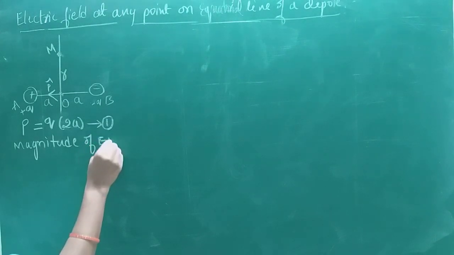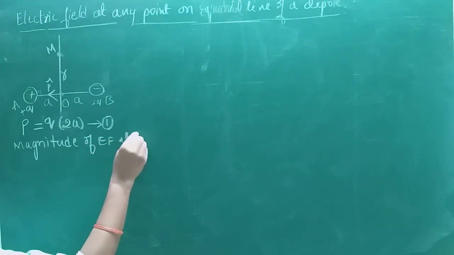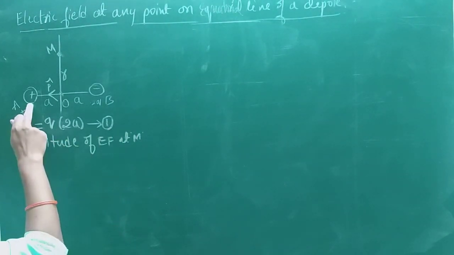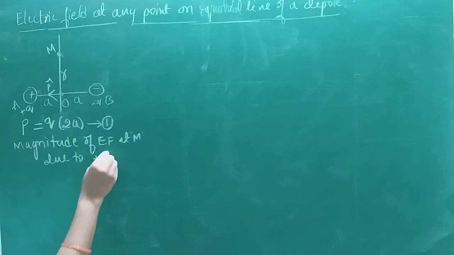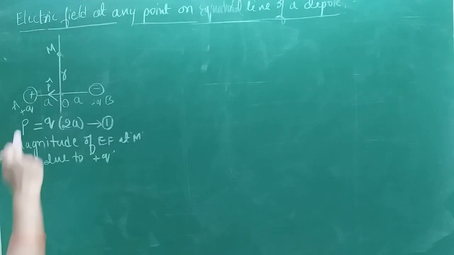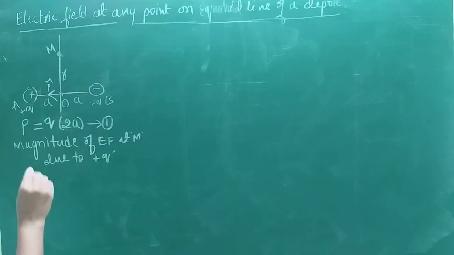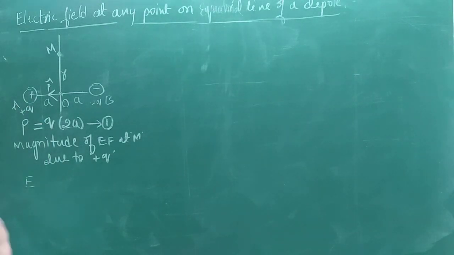Right. So the magnitude of the electric field at M due to the positive charge, that is plus q charge, is given by E plus q. We are considering only magnitude here.